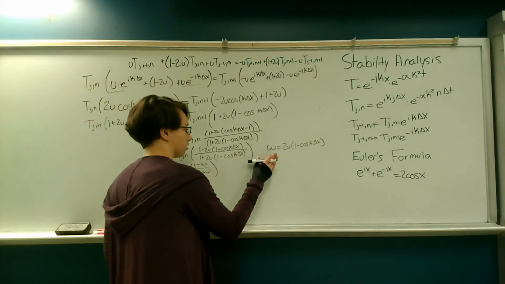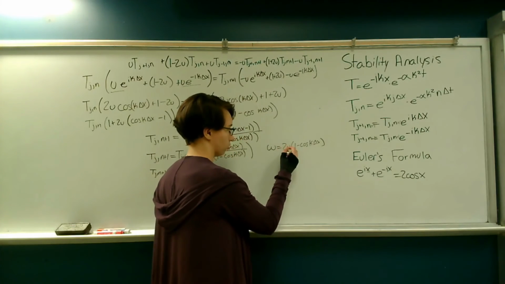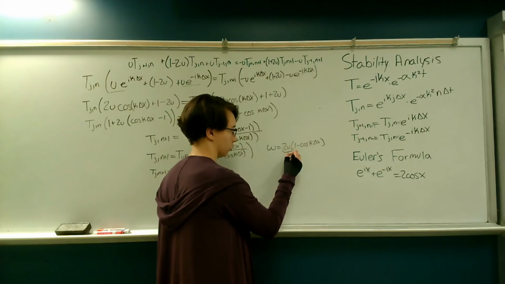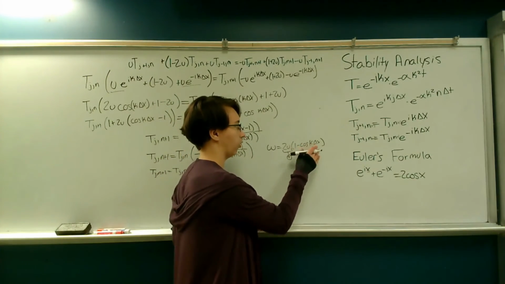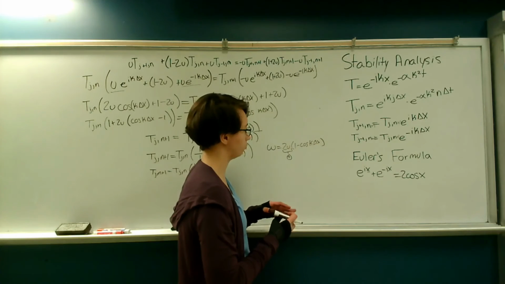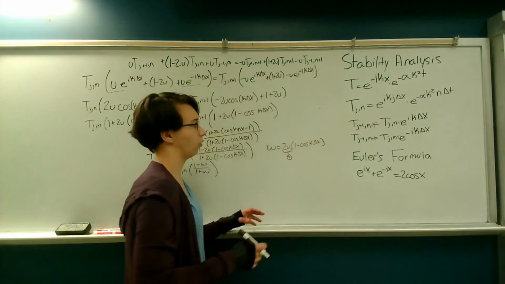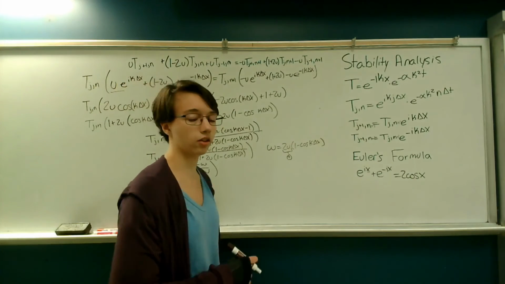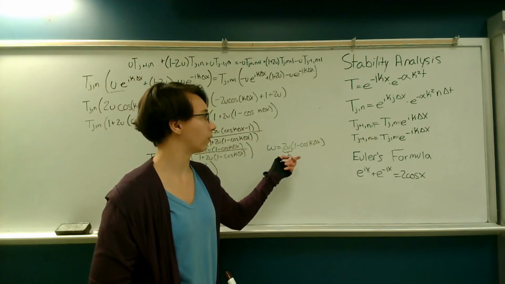But first let's look at this W term. So within this W term, this part's always going to be positive because u is always going to be positive. Within this, cosine will always be less than or equal to 1. So at its lowest, it'll be -1, so 1 minus -1 is going to be 2. At its highest, it's going to be 1, so 1 minus 1 is 0.